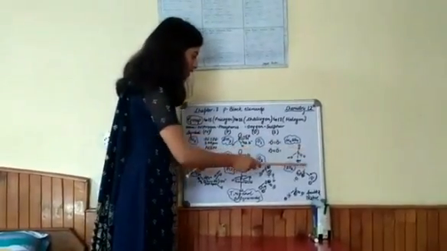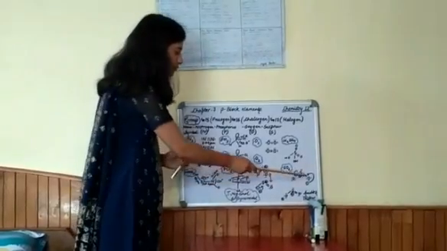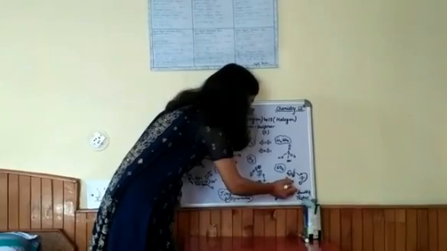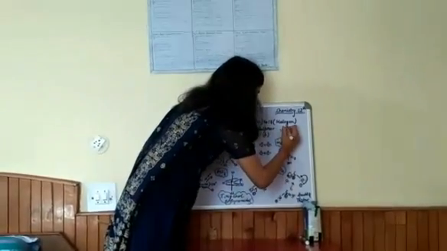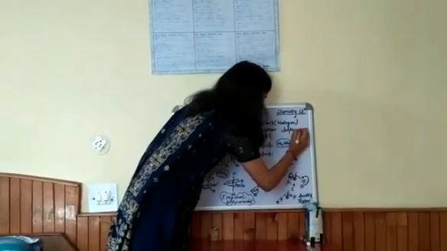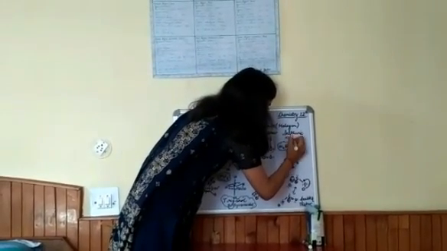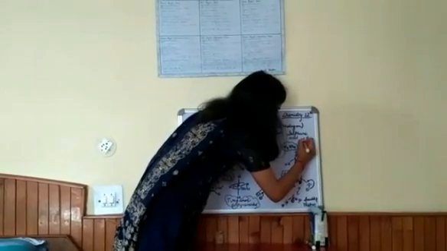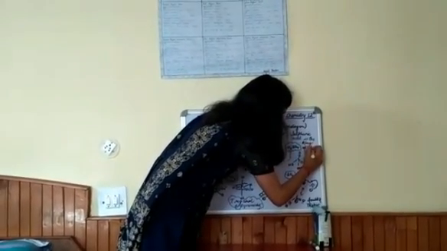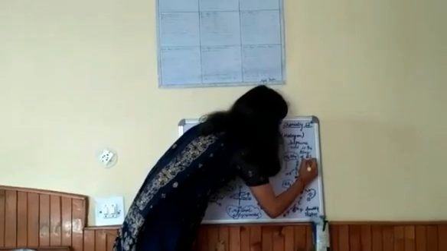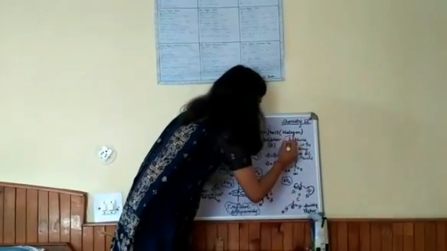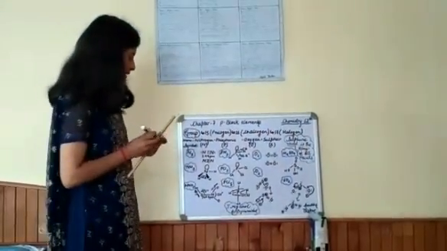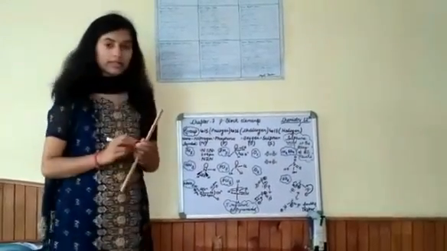Here the structure of sulfuric acid is in this way, and SO2, this and this one, both are interrelated with each other again. This is the main point in sulfuric acid. I hope you have understood it, and thank you.